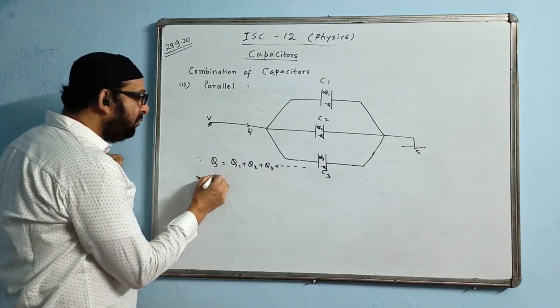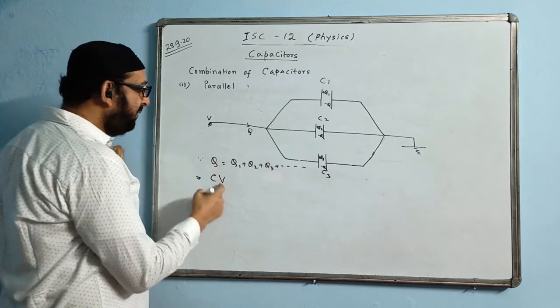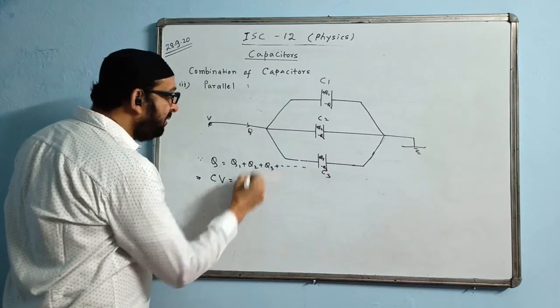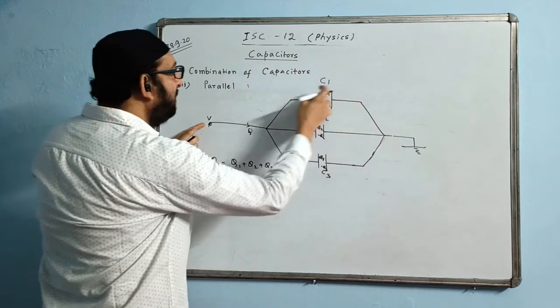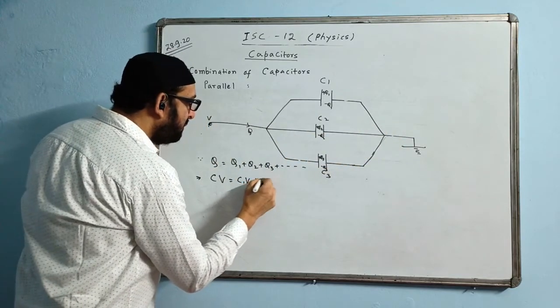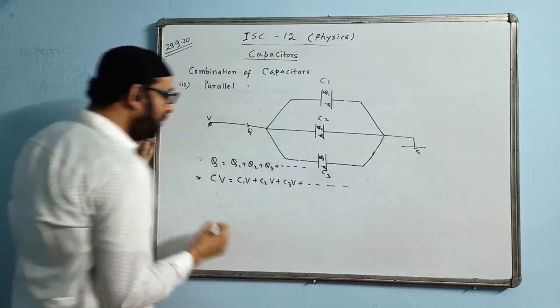And we know the formula, C is equal to Q by V, therefore Q will be equal to CV. Q1 value I let here C1V, because total voltage V is across each one. The 2 ends are the same, so V only, plus C2V plus C3V and so on.